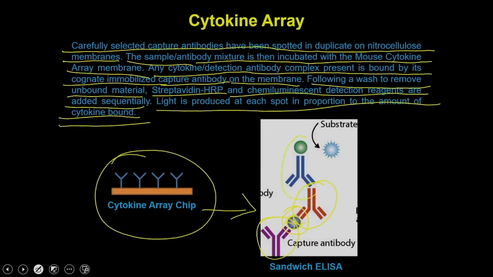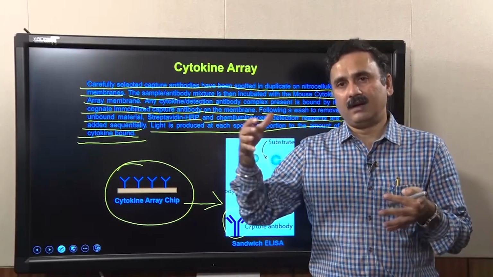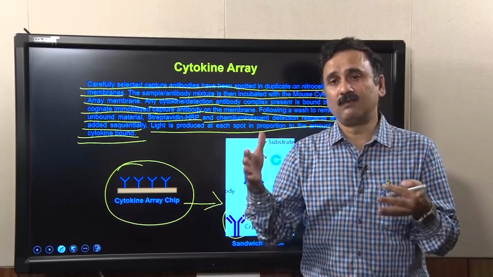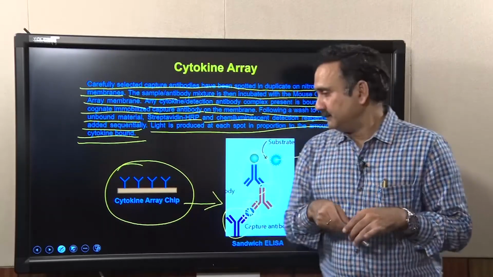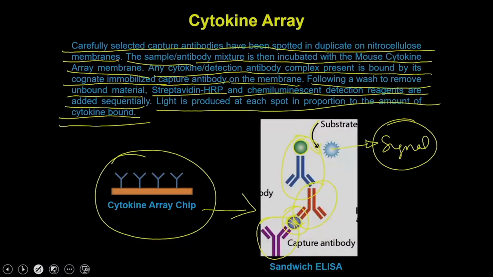Then you add the secondary antibody which is coupled with the enzyme, and then you add the substrate, and that gives you the signal. So, it is exactly the same: a cytokine array is nothing but the sandwich ELISA which you are performing, but on a thin sheet of membrane instead of in a well. Let us see how to perform this.